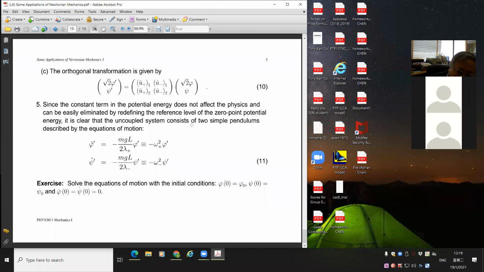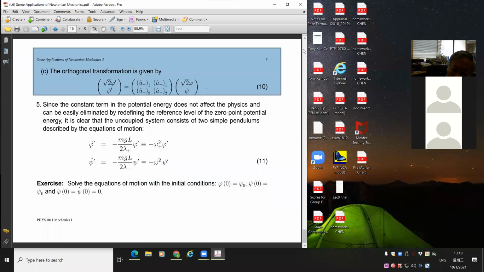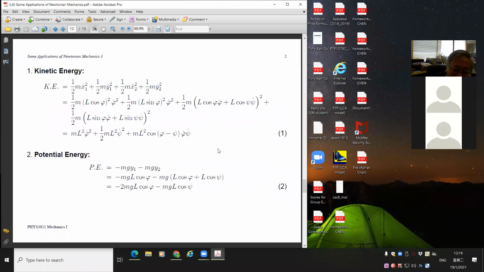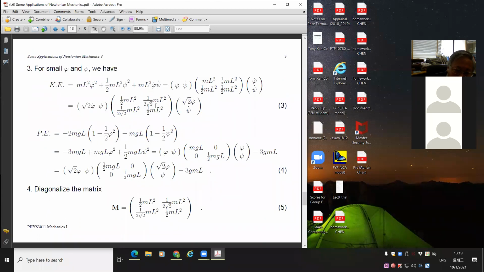That's why you can see that when I rewrite the kinetic energy and potential energy, I choose this particular form, right, instead of this one. If you use this one, you may ruin the diagonal form of the potential energy. All right. So this is very important.